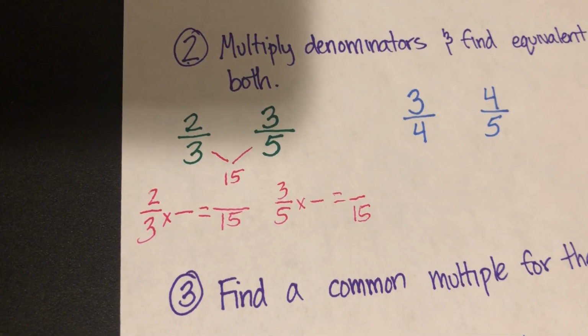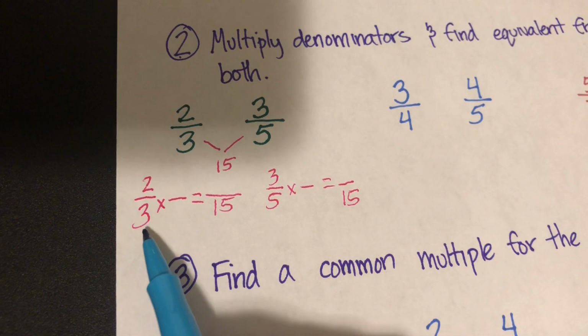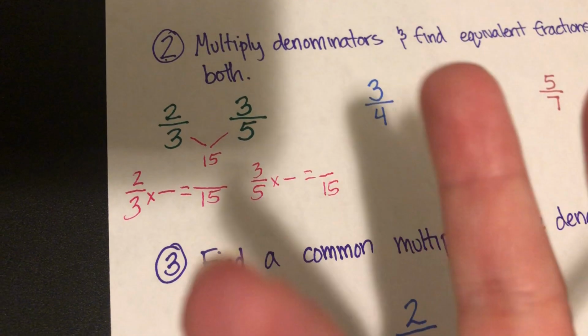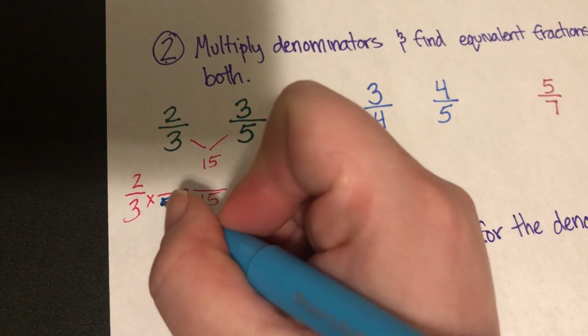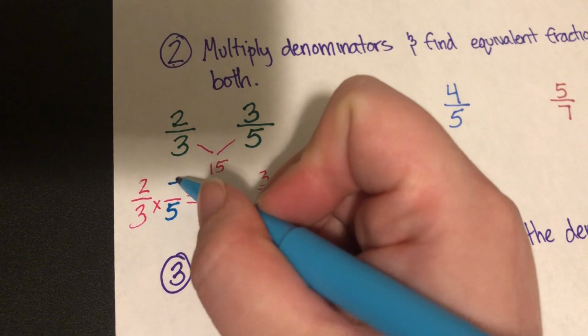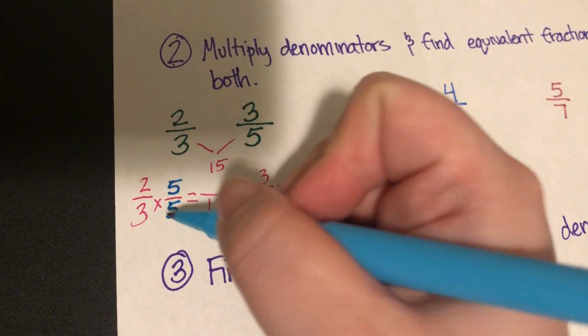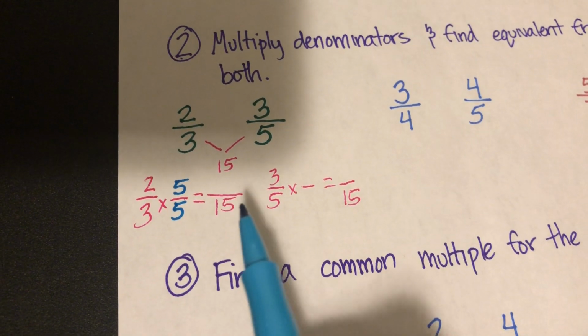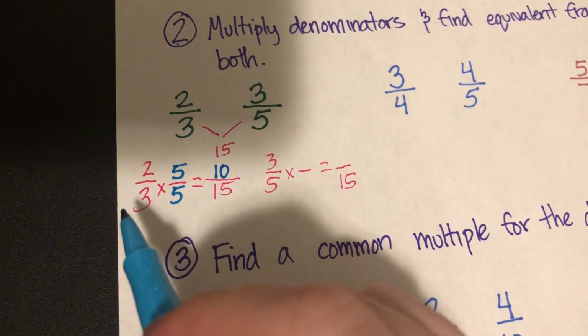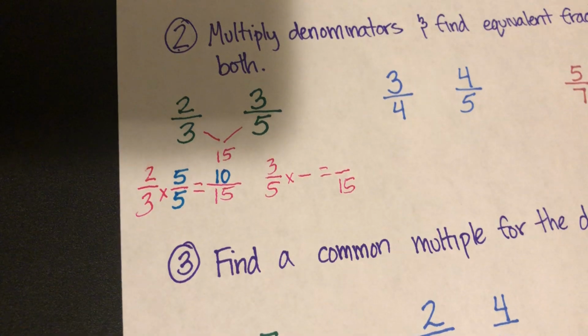So I have 3 on the denominator. 3 times what will give me 15? 3, 6, 9, 12, 15. 3 times 5 will give me 15. So since the bottom is 5, the top will also have to be 5 so that it can be my fraction of 1. So 3 times 5 is 15. 2 times 5 is 10.